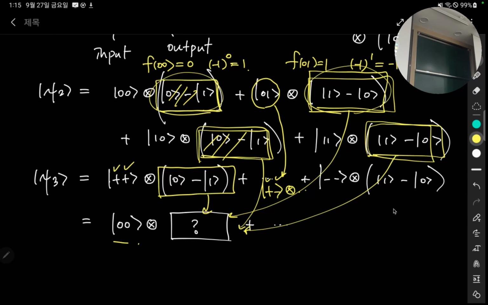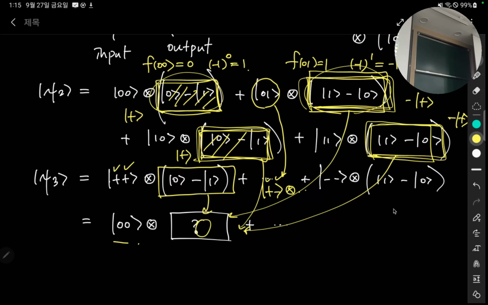So you have 2 plus kets and 2 minus kets, sorry, 2 plus plus and 2 minus plus. Let me write it again. This is plus plus and minus plus minus plus. If you add those together, they vanish, right? They disappear. So this all becomes 0.